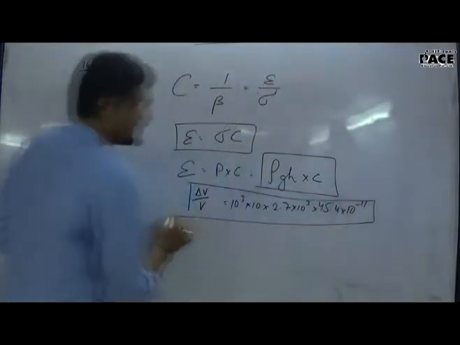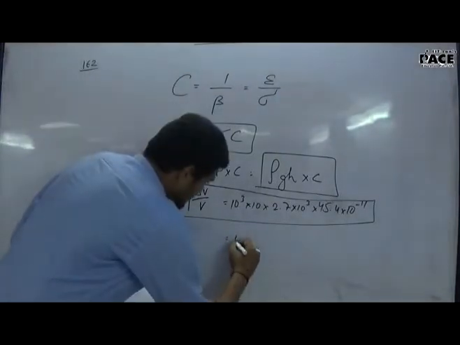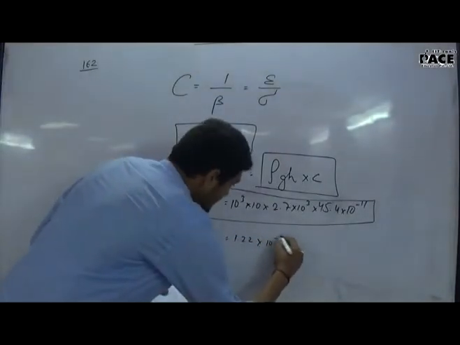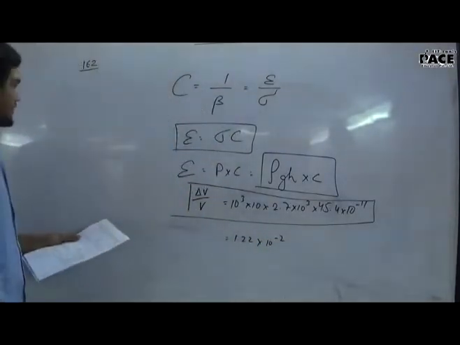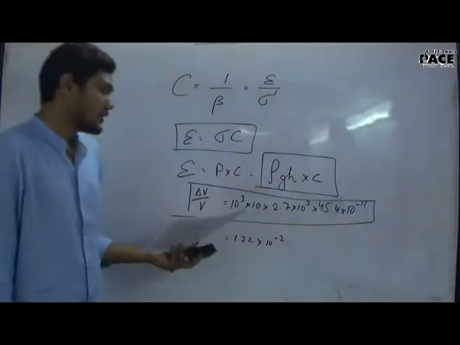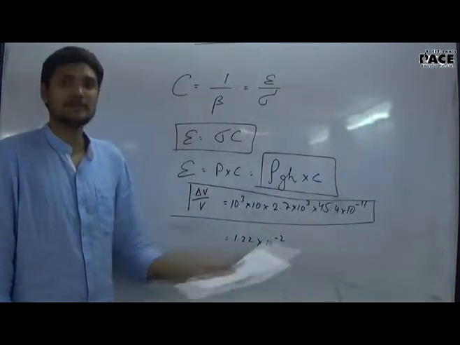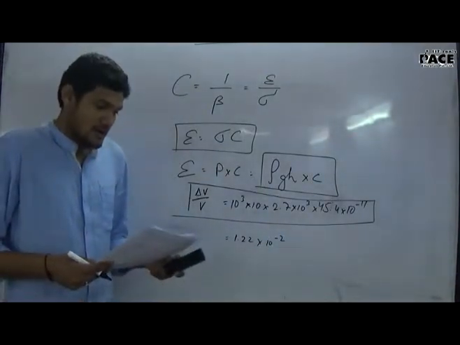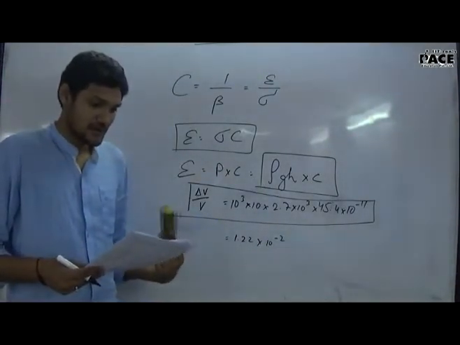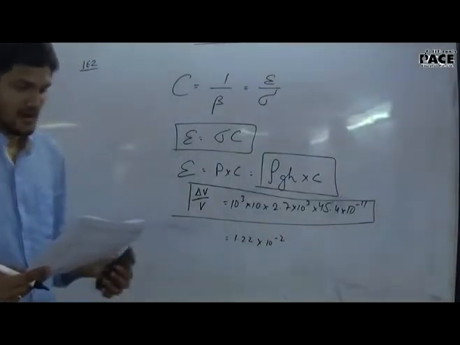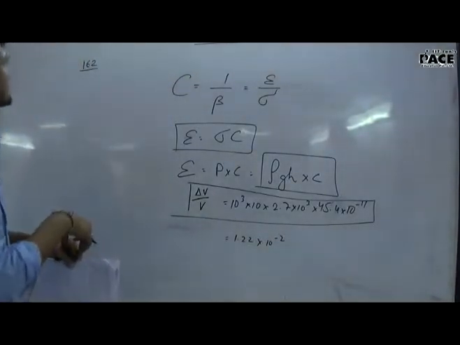Now if we simplify this number, you will get 1.22 into 10 raised to minus 2. That means the fractional change in the volume is 1.22 into 10 raised to minus 2. Option 2 seems to be correct. This was question number 162.